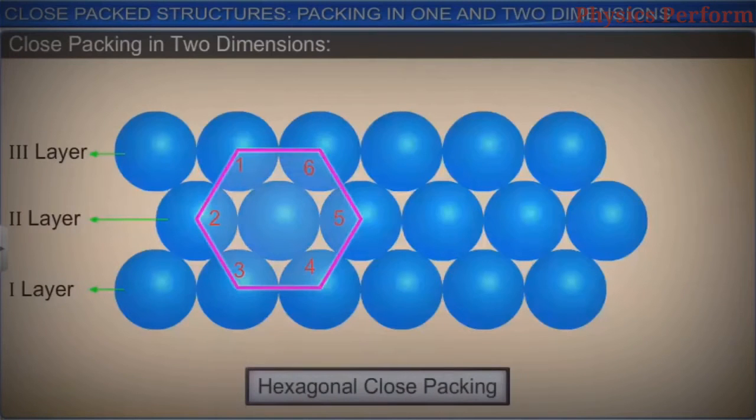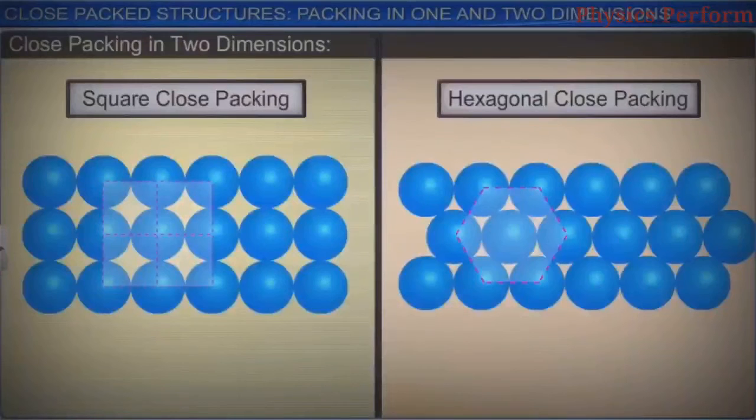Therefore, this type of close packing is also referred to as hexagonal close packing. If you compare the 2 arrangements, you can see that in hexagonal close packing, the constituent spheres occupy the space more efficiently. Therefore, constituent particles will arrange themselves in hexagonal close packing in a plane or 2 dimensions.